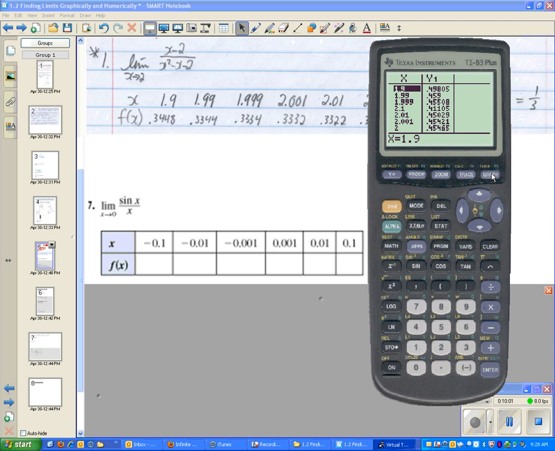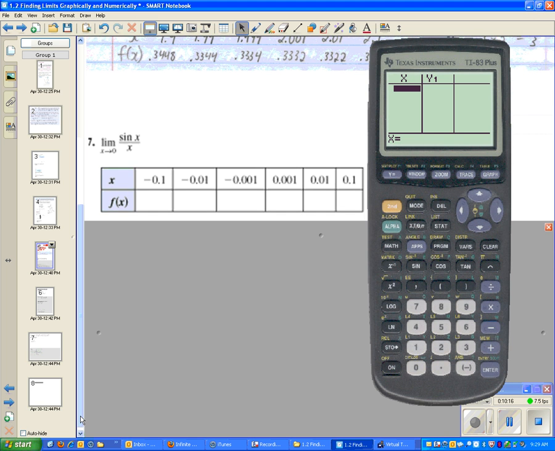Now, I don't have the right x coordinates, do I? That's from the last problem. So delete them, and let's start over. All right, so we want negative 0.1 for the first one. Did you get what I got? 0.99833.